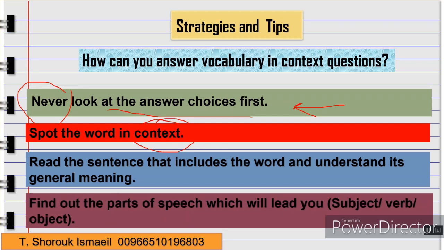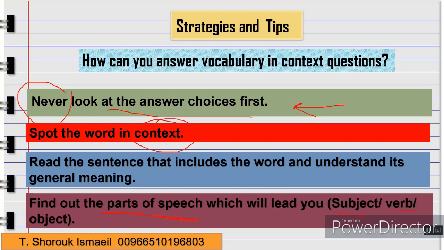And after this, I need to think about the parts of speech. Is it a verb? Is it a subject? Is it a noun? I need to figure this out. Why? So I can use process of elimination.